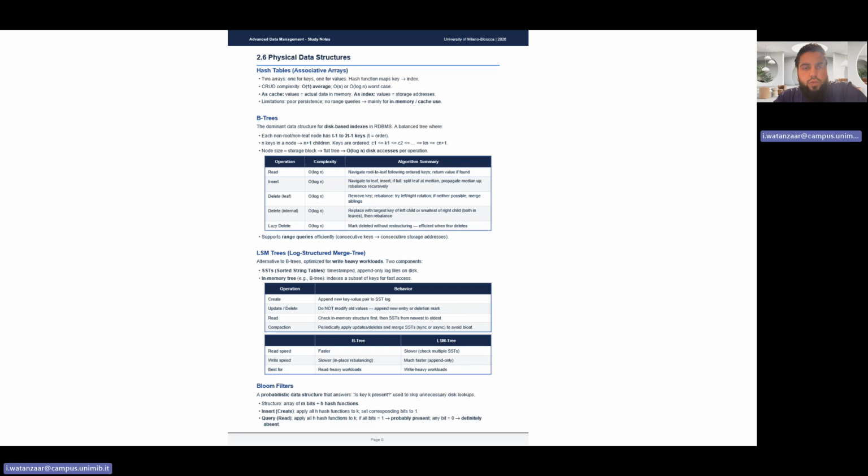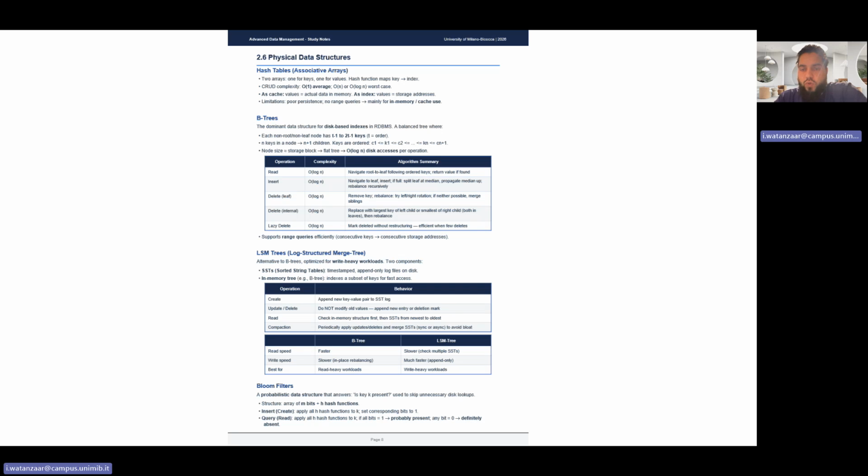Furthermore, node size equals storage block size, and it is a flat tree. In the worst case, disk access per operation is very costly, so based on this flat tree they basically solve the main problem.